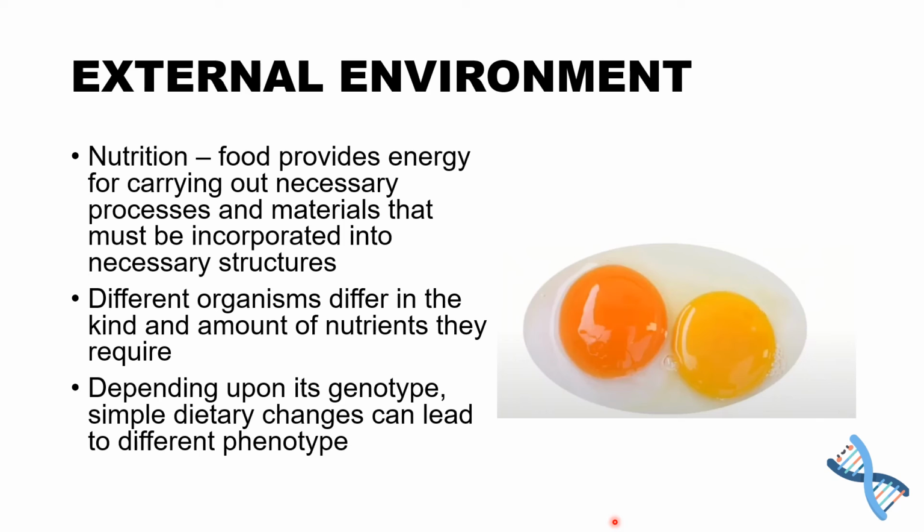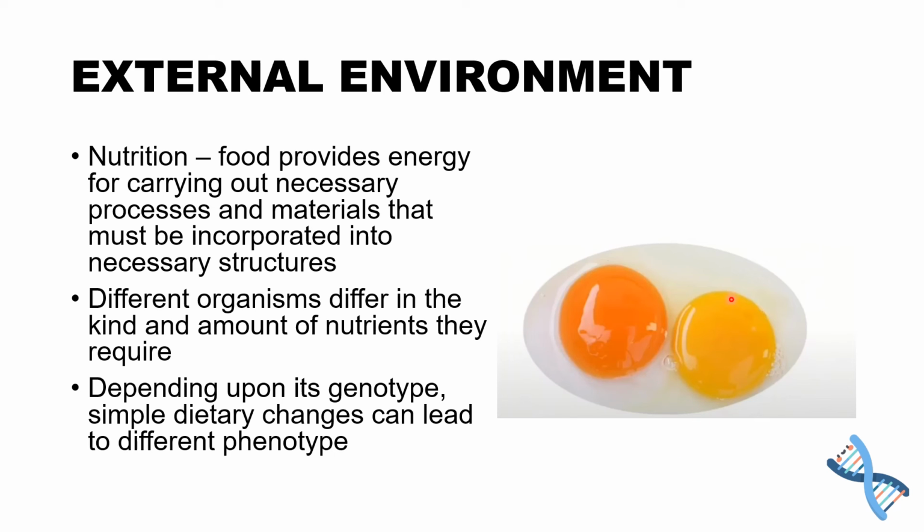For example, if you give a lot of yellow corn, the expression of the chicken's phenotype, its yolk color, is orange to dark yellow. Now if you feed your native chicken purely rice, with no yellow color given, you will notice the yolk color becoming lighter. So nutrition also has an influence.